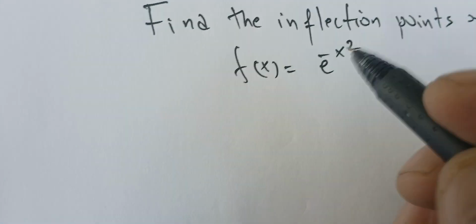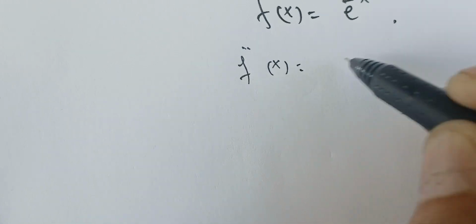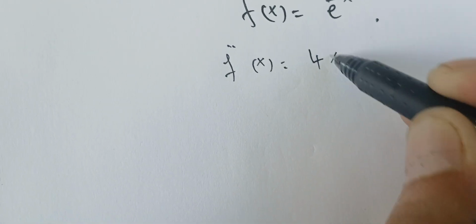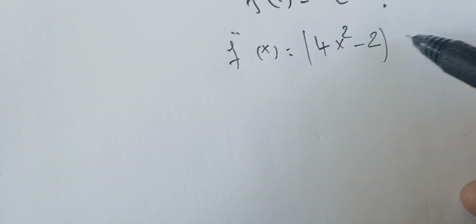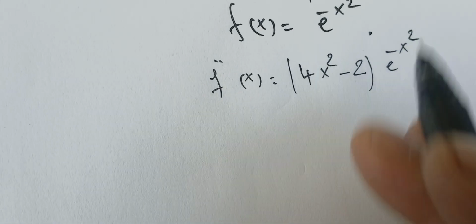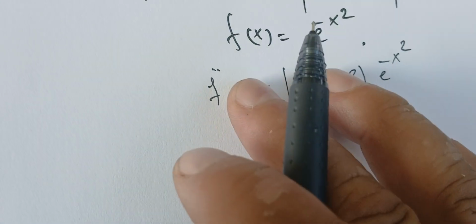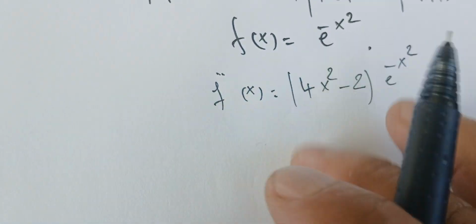So first, the second derivative of our function is 4x squared minus 2 times e to minus x squared. Now we want to find the points where this second derivative is 0.